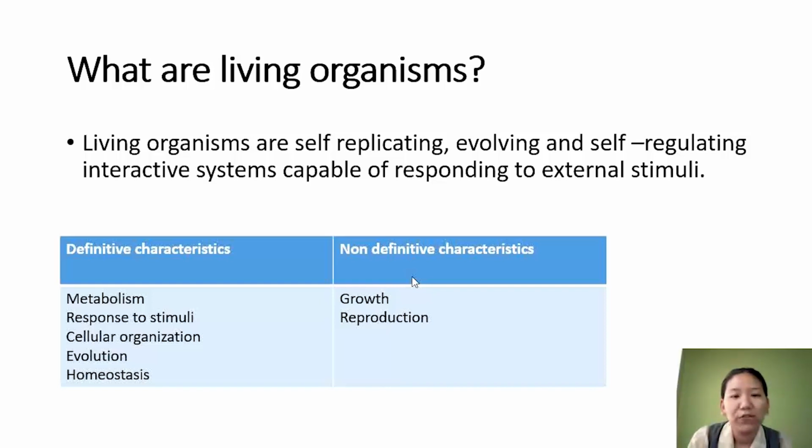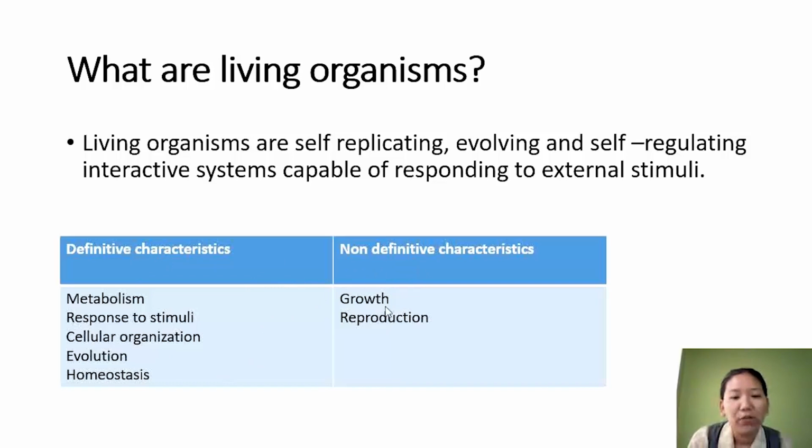So we can define a living organism with the help of certain characteristics. These characteristics can be definitive as well as non-definitive, and we have analyzed each of them and placed them under definitive and non-definitive characteristics.